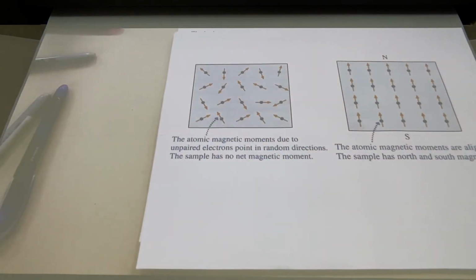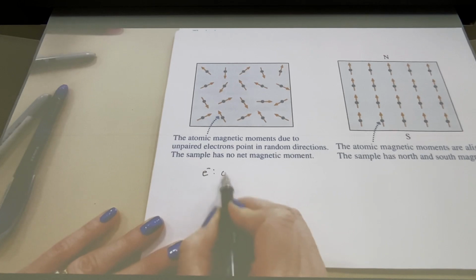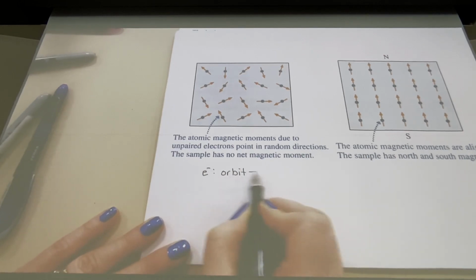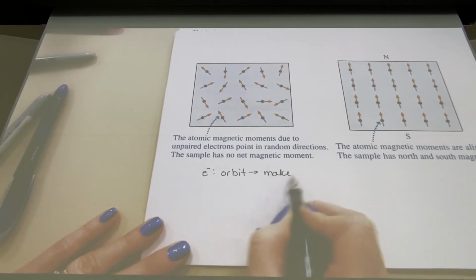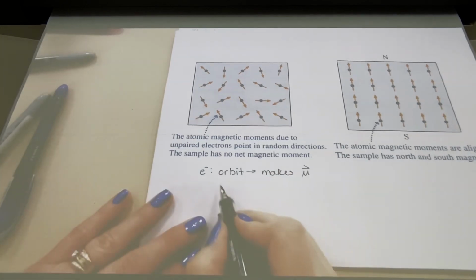This is where magnetic materials come from. This is why a permanent magnet is a permanent magnet. When we have our atoms, the electrons orbit, which makes a magnetic moment. Electrons not only go around in a circle around the nucleus, they also spin around in circles.